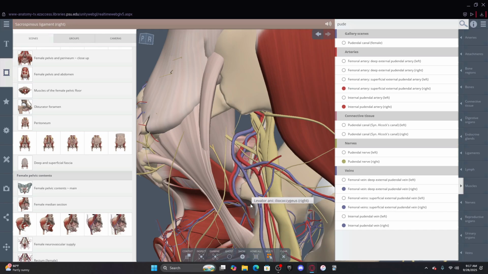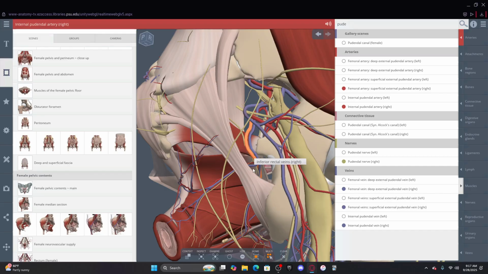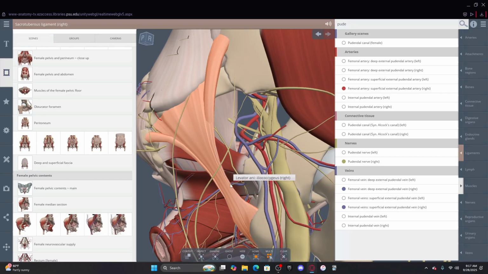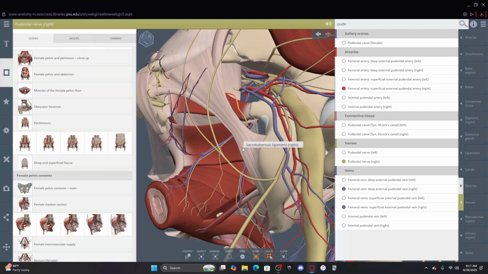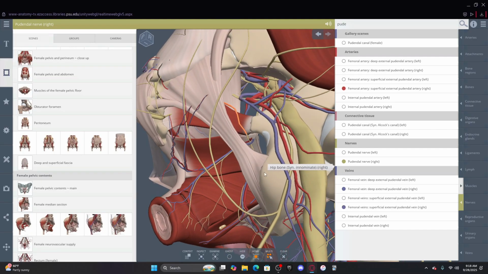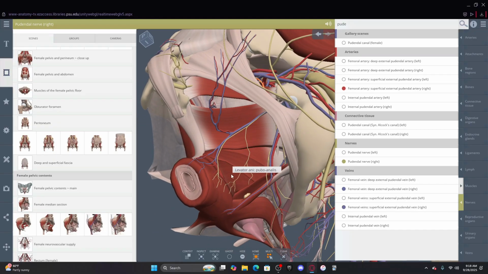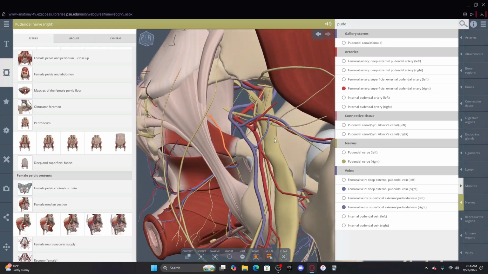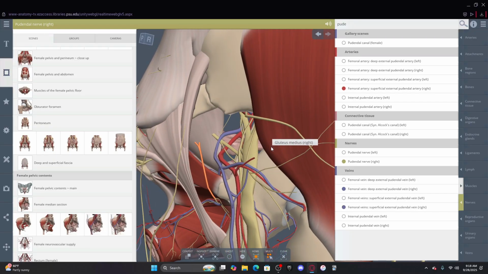I'm trying to remove all the other structures so we can better see everything that it's surrounding, right? So that's our pudendal nerve. Right, it's right here. It splits, and it innervates a bunch of these structures of the perineum, right? It's coming down towards the perineum. So that's our pudendal nerve.